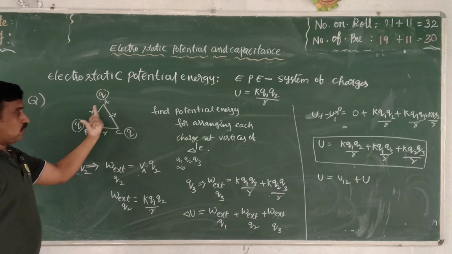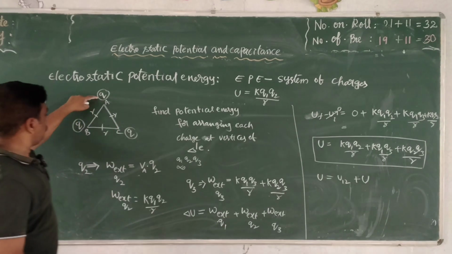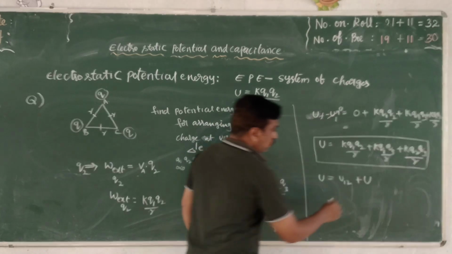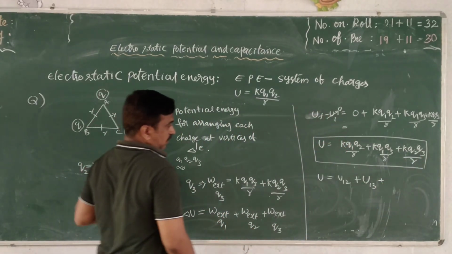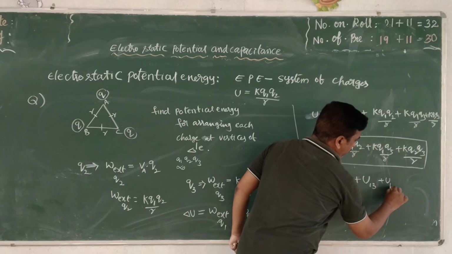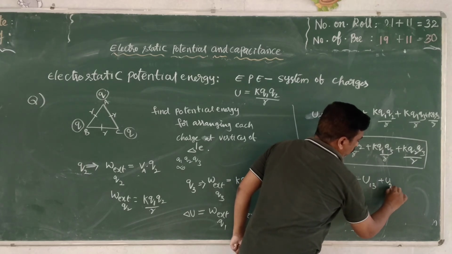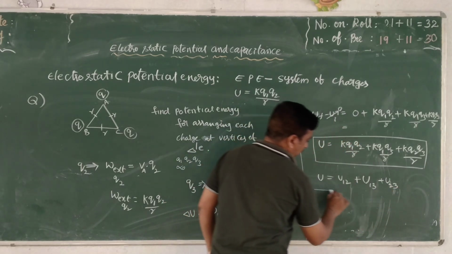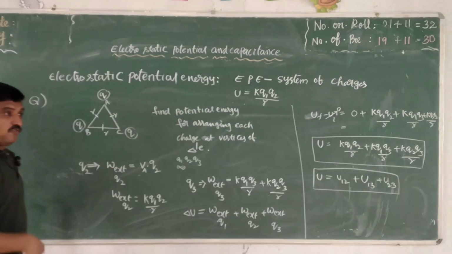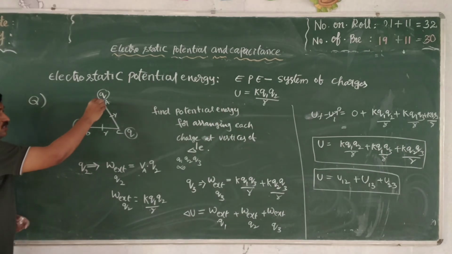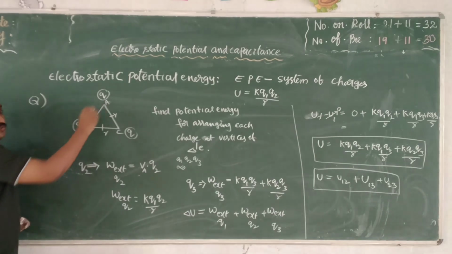Next, Q1 and Q3, then plus U23 for Q2 and Q3. This is the formula for electric potential energy for arranging three charges at the vertices of an equilateral triangle.